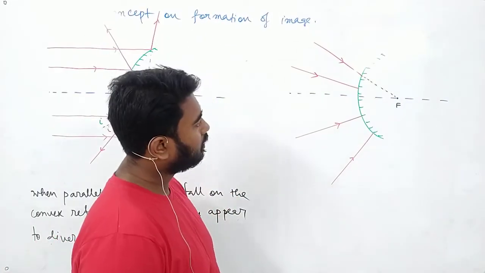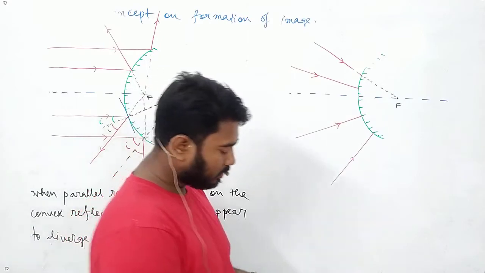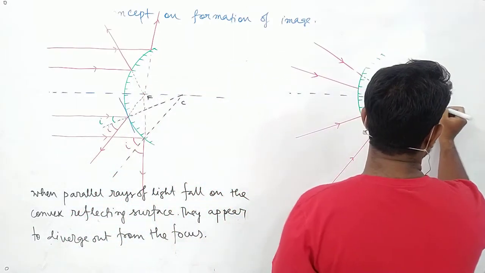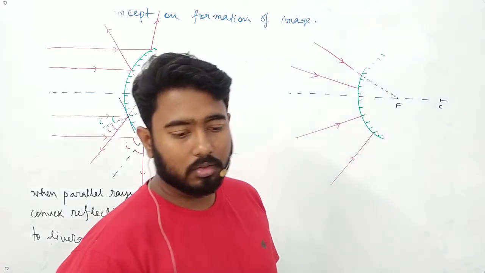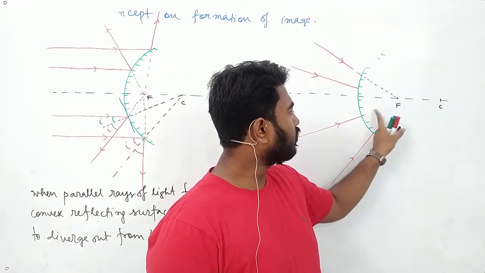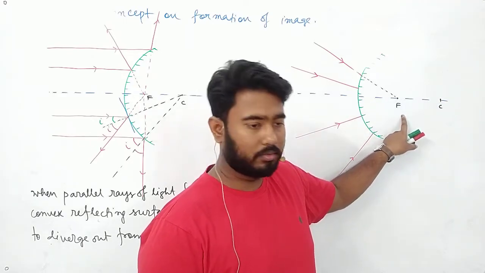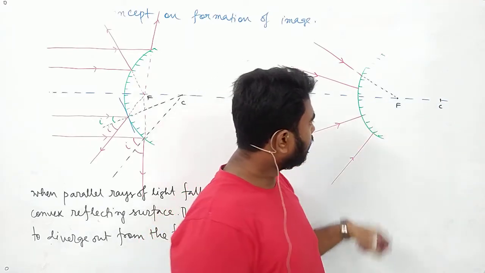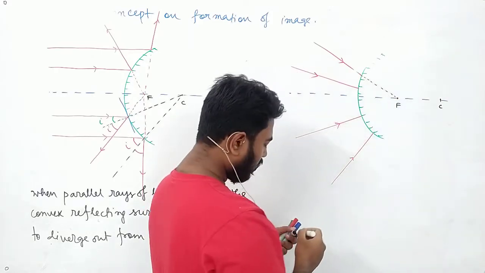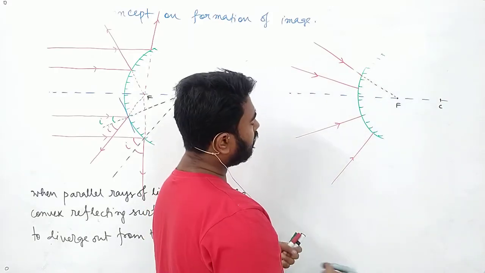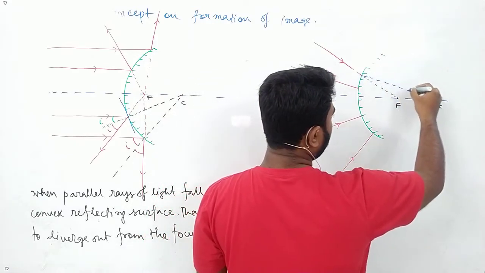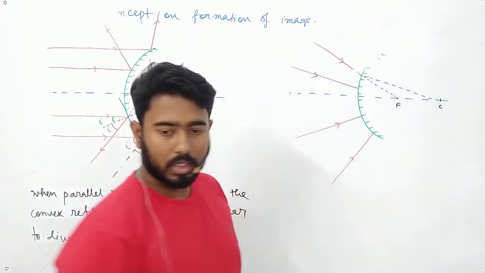See, first let us think about the center of curvature. What did I tell you a little ago? That the center of curvature has a distance twice that up to f, right? So whenever a ray of light falls, we need to draw a line up to the center of curvature, right?